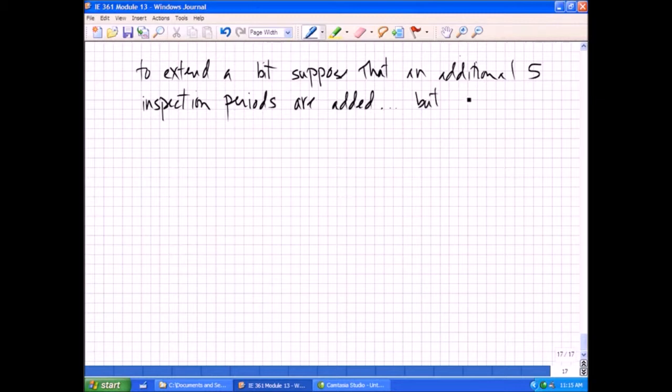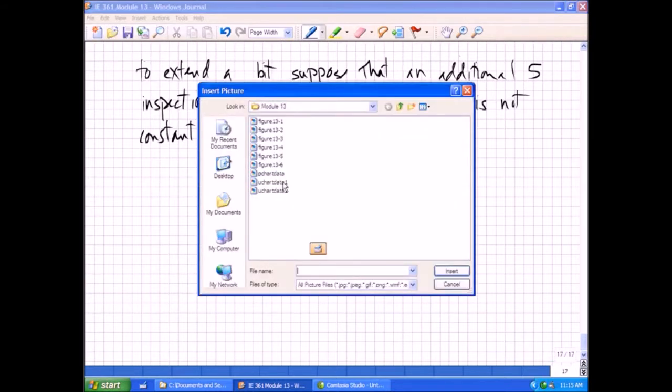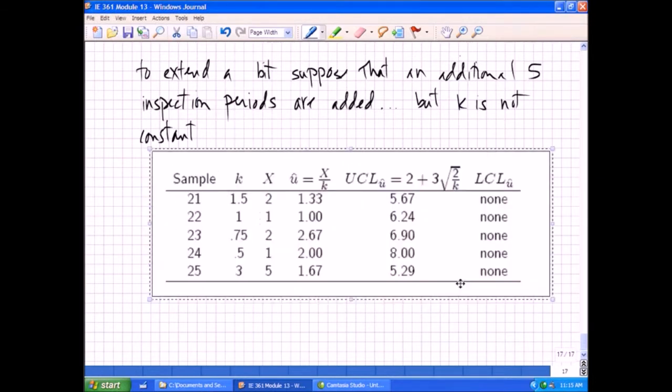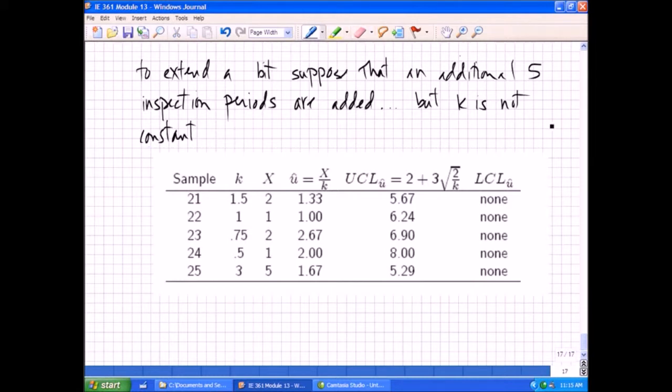But let's suppose now that k is not necessarily constant. And in particular, let's imagine that what we're going to add to this thing is the following. So here's an additional bit of information to this scenario.